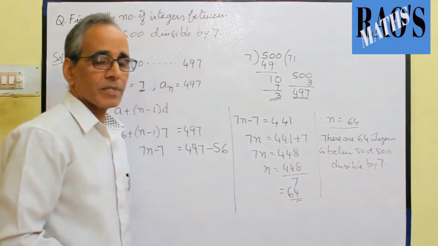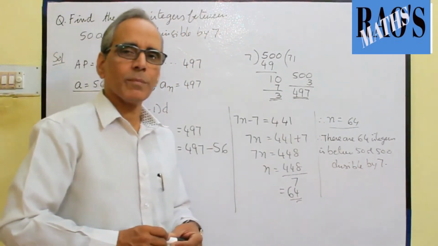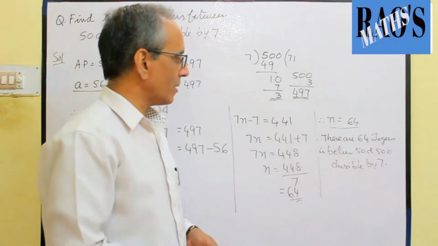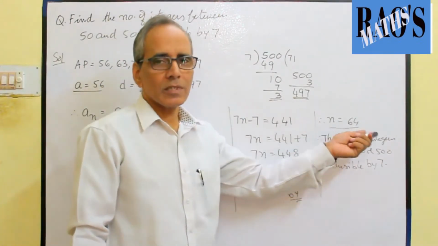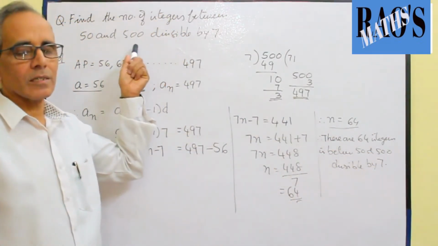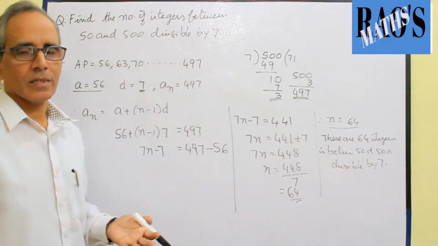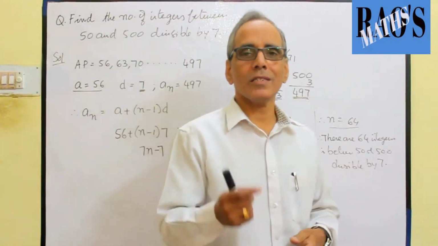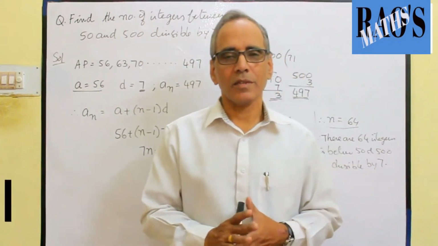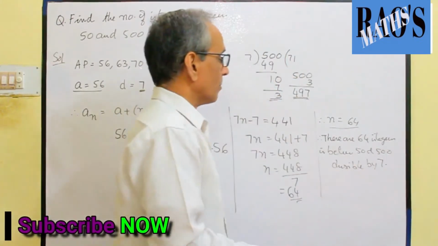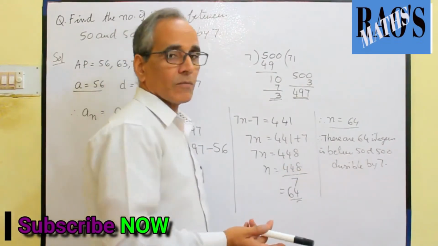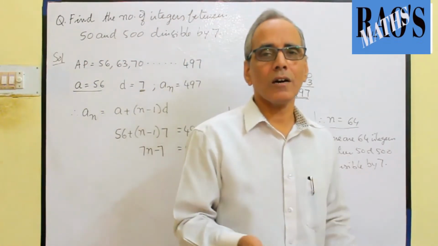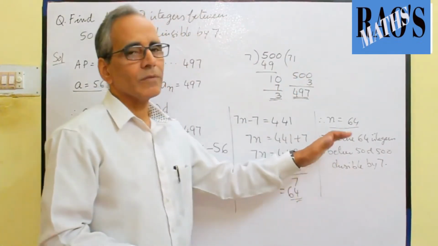So in the board examination, the final statement is very, very particular. You don't end the answer by saying N is equal to 64, because the question is not about N. They asked how many integers lie in between. You have to answer the question in full description, otherwise for some reasons they may cut half a mark. Instead of losing half a mark, answer the question in full description.